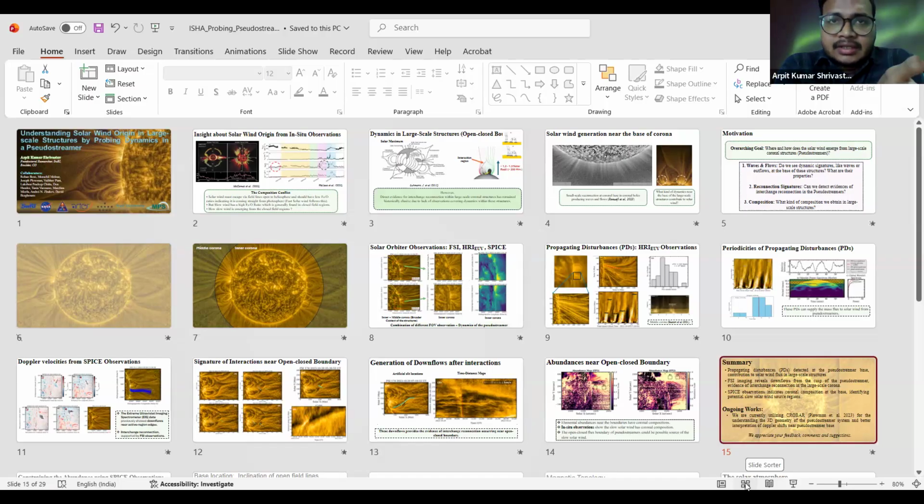But there are also some evidences of spicules related to these PDs in the polar region. So there are multiple scenarios, and you cannot uniquely explain whether these PDs are waves or flows, and that's the problem. So the origin has multiple scenarios. That's what I can say.